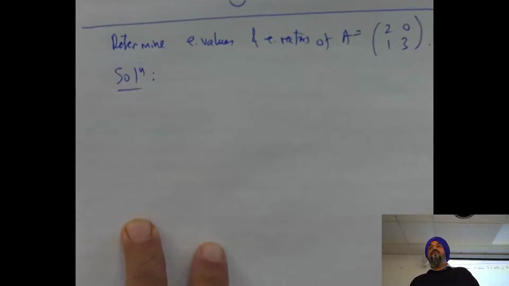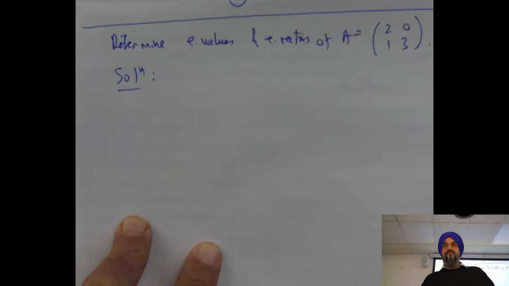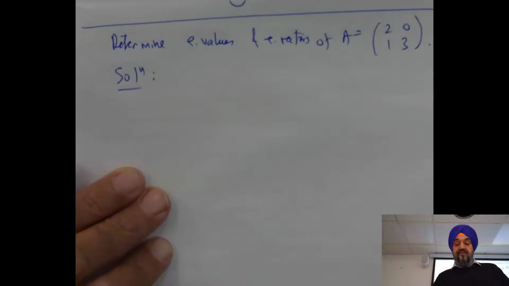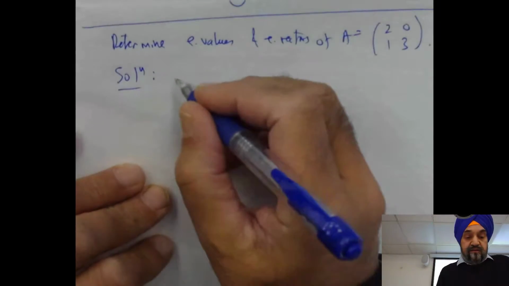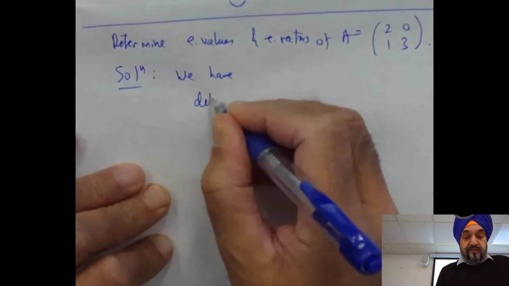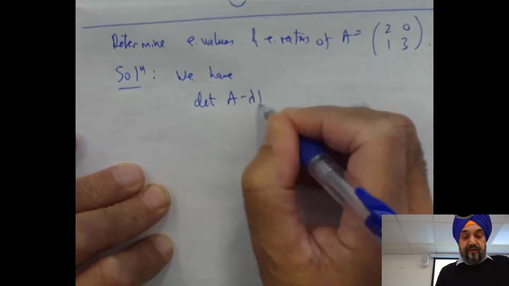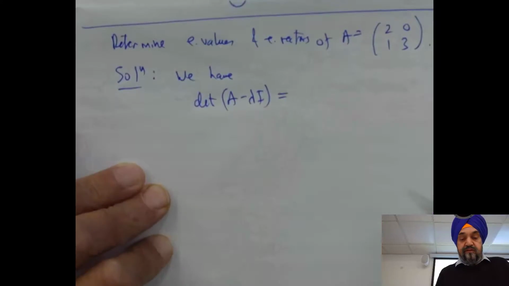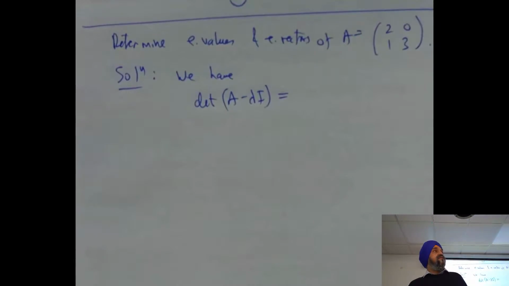Well, we do the A minus lambda I. Yes, exactly. We have the determinant of A minus lambda I, and we know this is equal to 0. So what is A in this case?